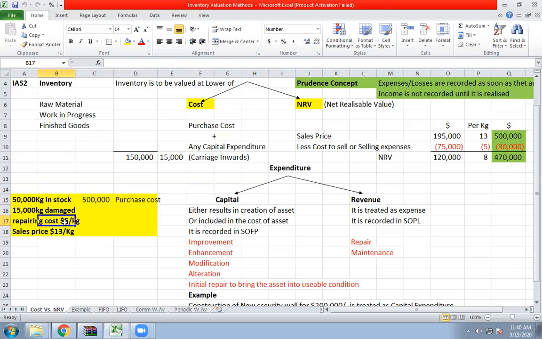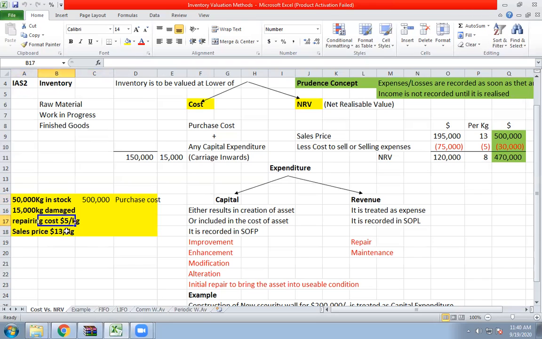Now the net realizable value is lower than the cost in the case of these 15,000 kg. So I will reduce the value of inventory of these 15,000 kg by $2, because initially it was valued at $10 per kg and now it has come down to $8 per kg.